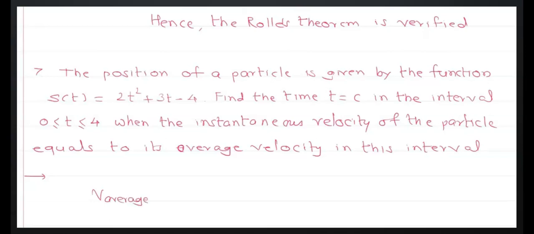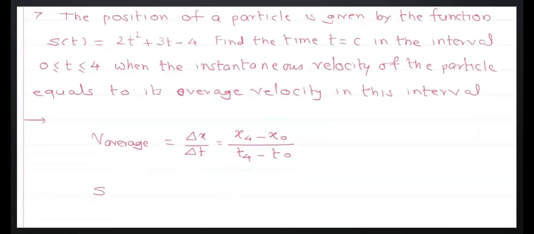The average velocity we will find out, and the instantaneous velocity is the derivative of s. The average velocity is Δx/Δt = (x4 - x0)/(t4 - t0).